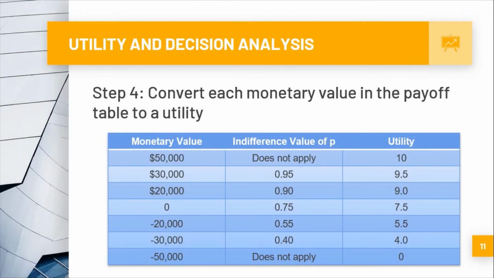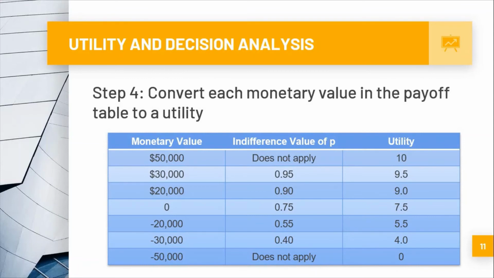Now let's go to step 4. Convert each monetary value in the payoff table to a utility. Of course, after the $30,000, next is the $20,000, 0, negative $20,000, and so on. So the table depends on the monetary values that each decision maker has.